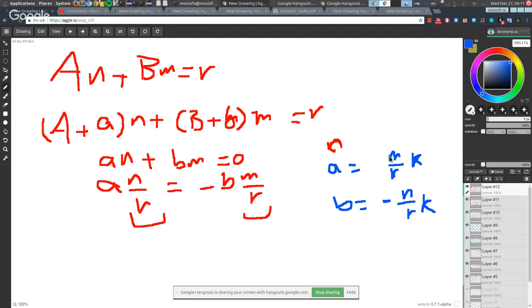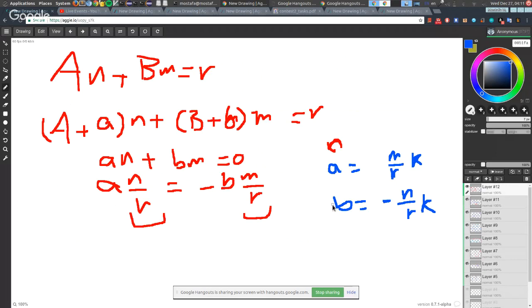So basically you can always keep increasing a by this value k times, and we have to correspondingly decrease b by this value k times r. So this gets all the possible solutions for Bezout's identity.